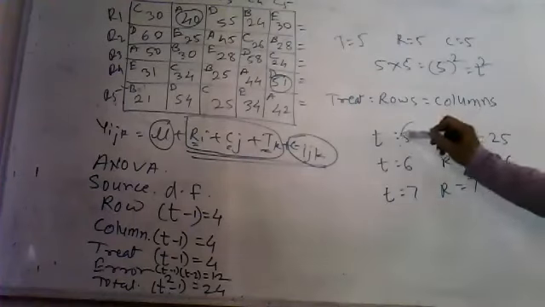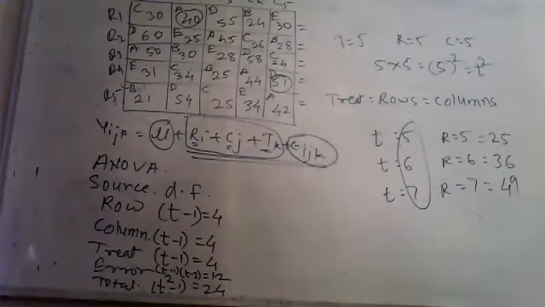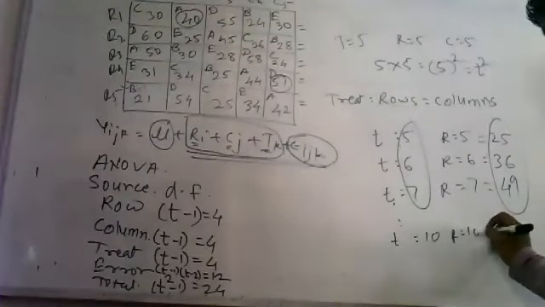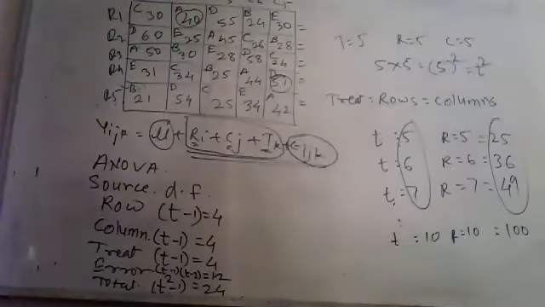As we go on increasing the number of treatments, experimental area is also increasing. Suppose for 10 treatments, we are using 10 replications, and units required will be 100.